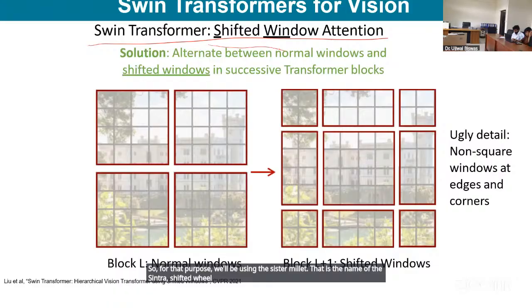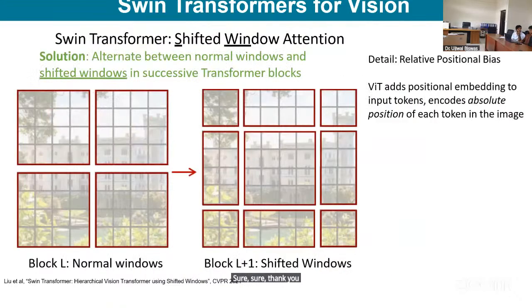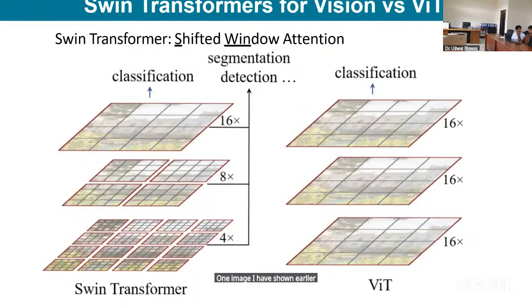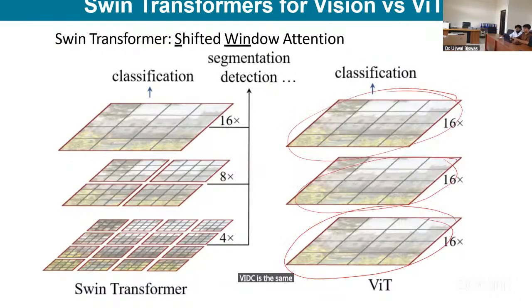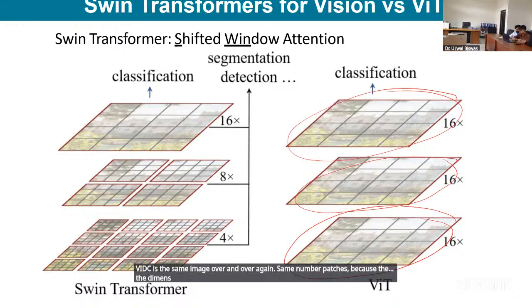So we alternate between the normal windows and the shifted windows, like in your CNN. You shift like that. One image I have shown earlier is the exact representation of the difference between the Swin Transformer and the ViT. ViT sees the same image over and over again, the same number of patches, because the resolution is not reducing and the channels are not increasing.